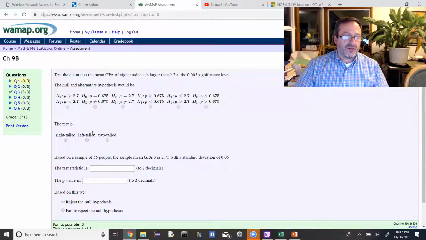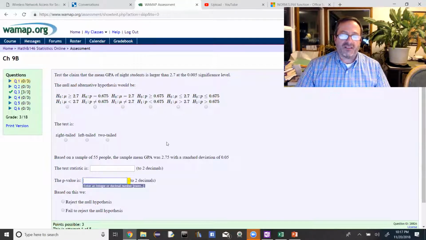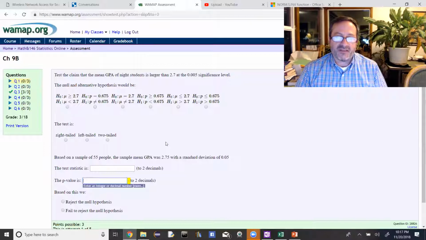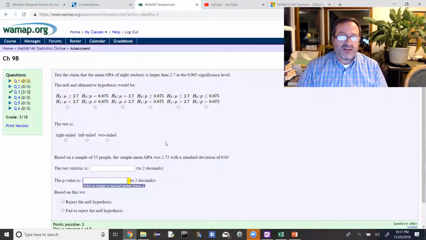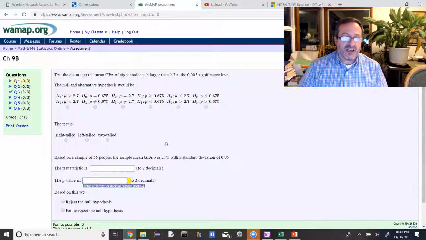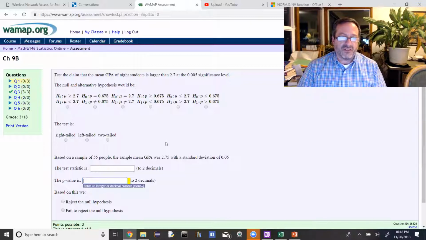It's the whole previous stuff, finding the test statistic and finding the p-value. So the only one that I haven't looked at in terms of the videos is the two-tailed test. I do have an example of the two-tailed test on one of the PowerPoint presentations, if not both, and I may try to put together another video for a two-tailed test as well.